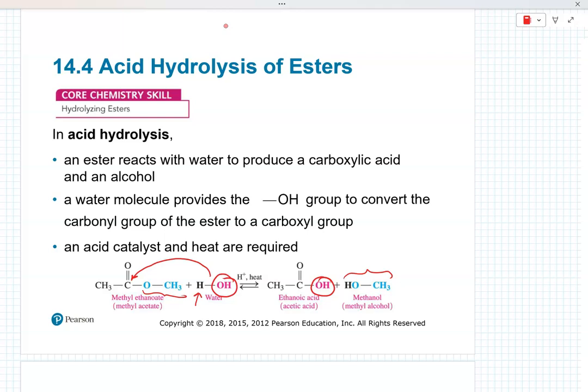So essentially, acid hydrolysis of esters brings you back to individual molecules of the carboxylic acid and alcohol.